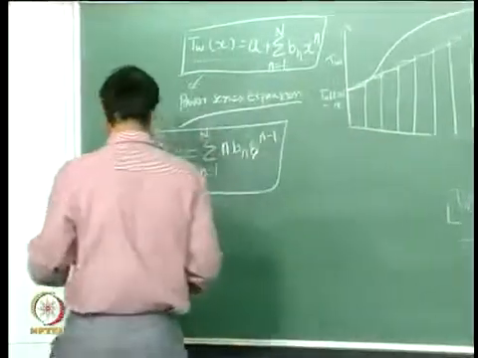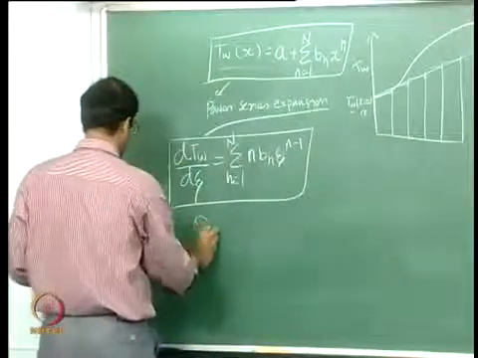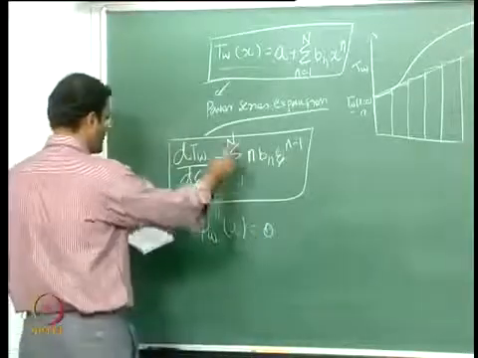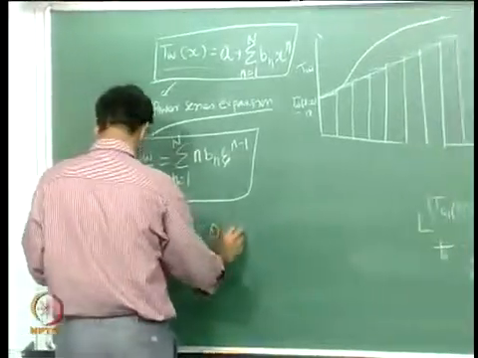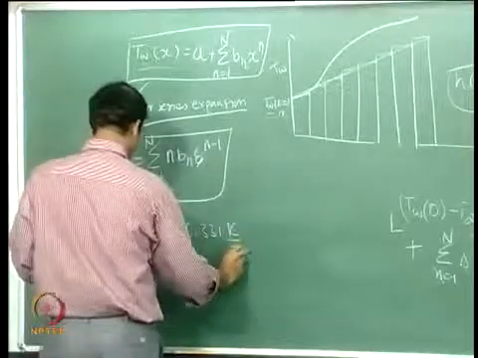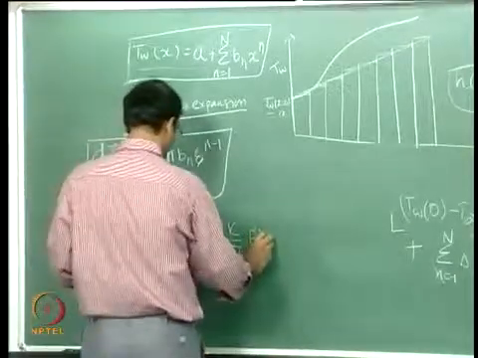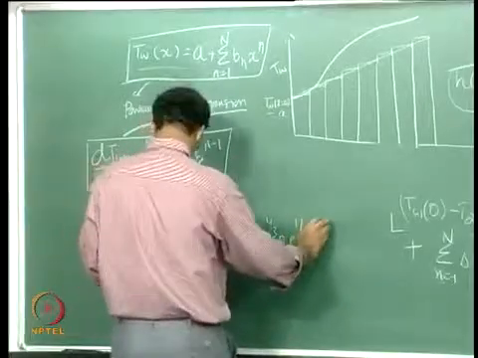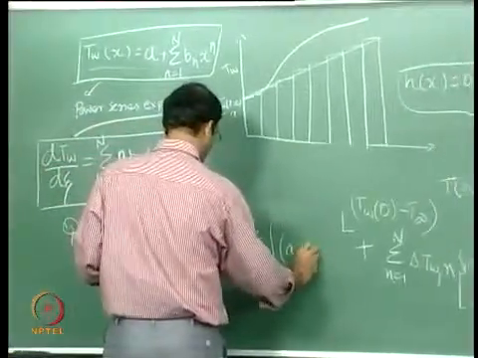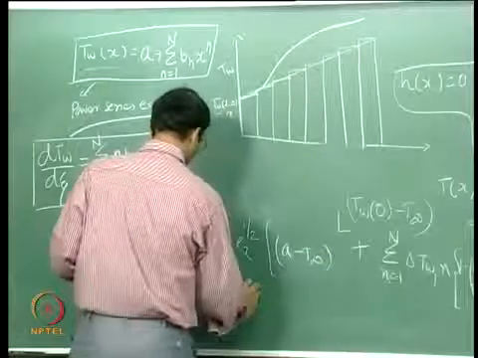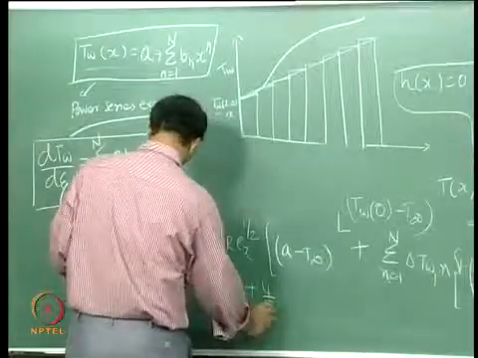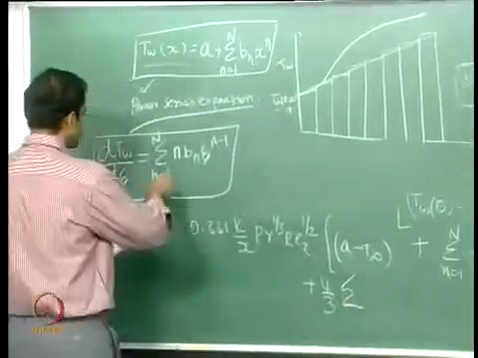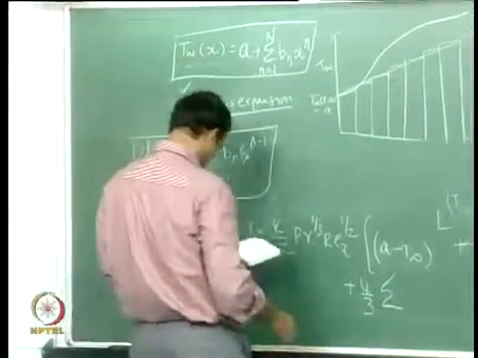Okay, and if you do that, the resulting expression for the heat flux comes out to be, everything is the same, only you have the summation term, 3/3, 1, k by x. So everything up to here is the same, except you have the summation term, and everything inside the summation term goes there.